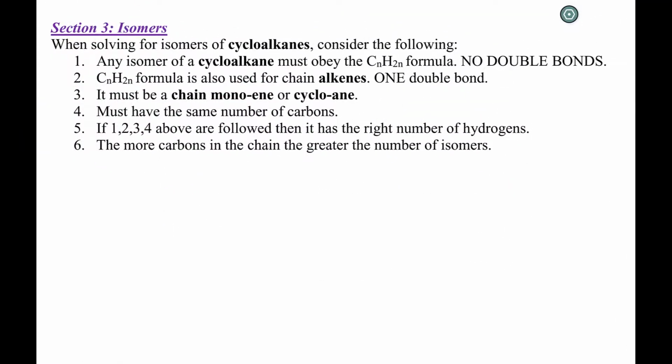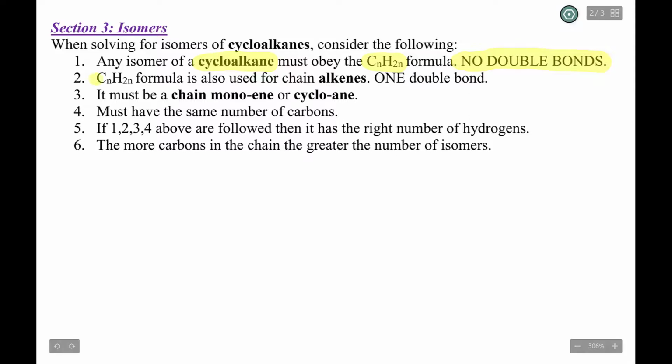The next thing we're going to look at is isomers of cycloalkanes. I'm not going to go into those of alkenes in too much detail here, but I will talk about them a little bit. So again, you have 2 options when you're talking about cycloalkanes and their isomers. As a cycloalkane, you must obey the CnH2n formula, and if it is a cycloalkane, there are no double bonds.